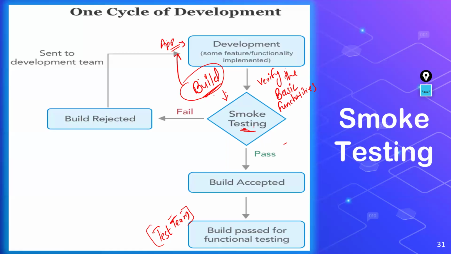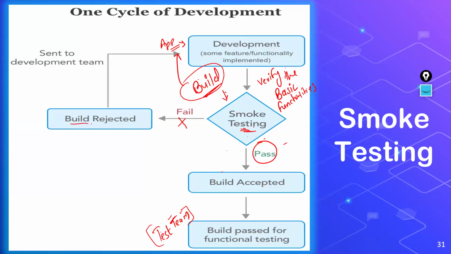So on that build, this smoke testing will be performed, and the build will be accepted only if it passes these smoke tests. If these basic functionalities are not working, we'll consider the smoke testing as failed.